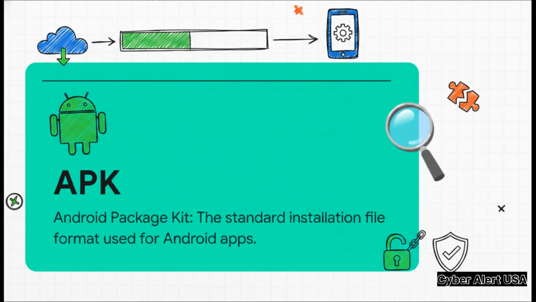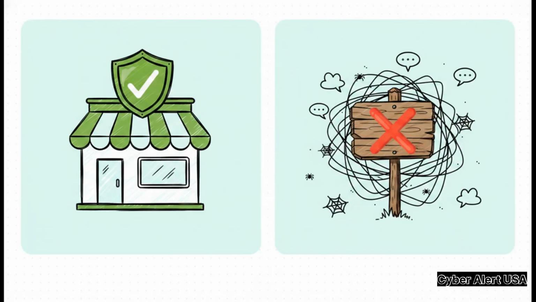It's basically a little digital container that holds all the necessary pieces an app needs to install and run smoothly on your device. And this brings us to the real core of the problem, where that file actually comes from. On the one hand, we have safe sources, like the official Google Play Store or the Samsung Galaxy Store. These are heavily monitored, secure ecosystems that are actively scanning for threats all the time.